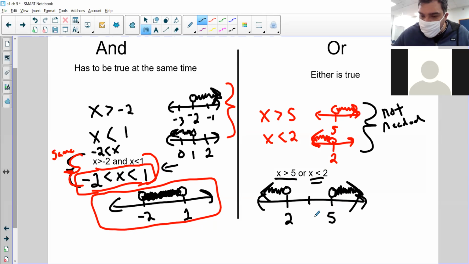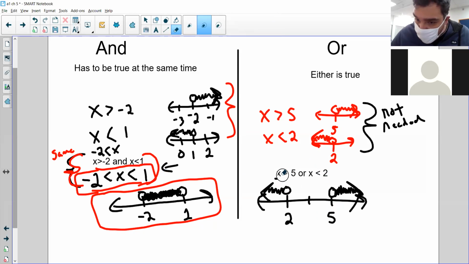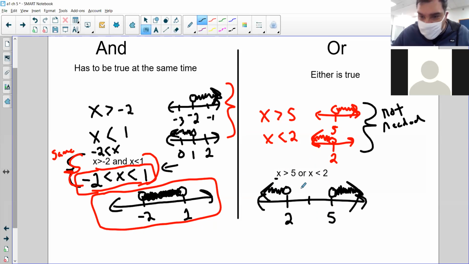I have a question. Would it be like the 2 is false because it's saying that x is greater than 5? And then, or what, Rachel? Or x is less than 2. Yeah, so let me ask you a number. So this is kind of like what you're asking. Is number one a solution to this situation? Is it bigger than 5?